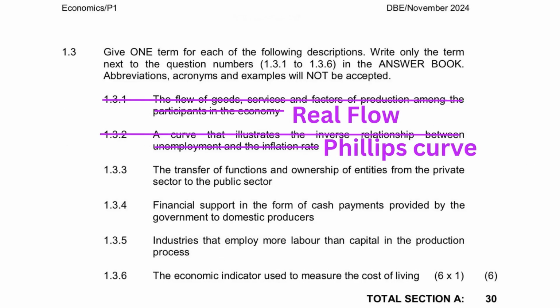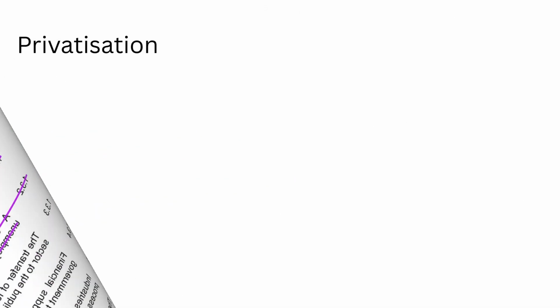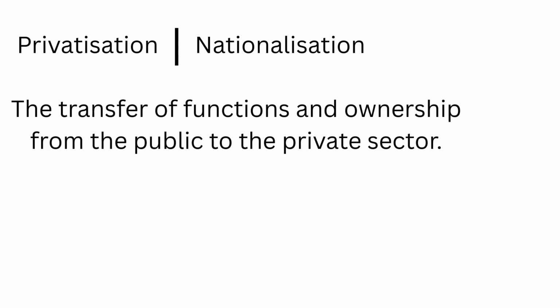1.3.3 says the transfer of functions and ownership of entities from the private sector to the public sector. So remember, public to private, private to public. So we have privatization and nationalization. Firstly, the transfer of functions and ownership from the public sector to the private sector, we say this is privatization.